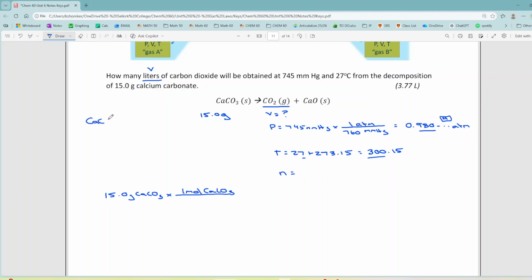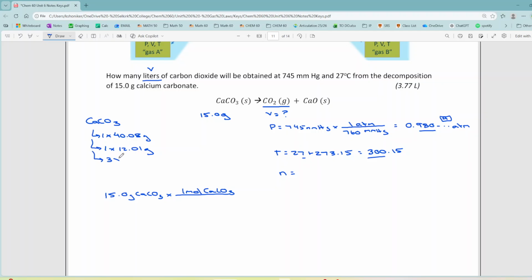Well, we've got calcium carbonate, so we have 1 calcium. Okay, 1 calcium is 40.08 grams per mole. And then 1 carbon is 12.01 grams per mole.